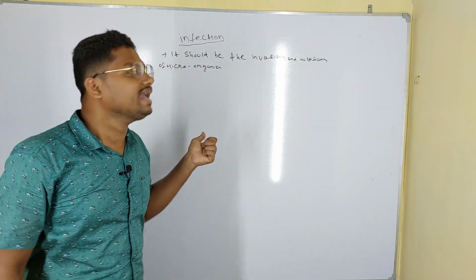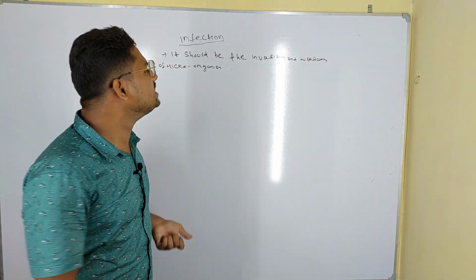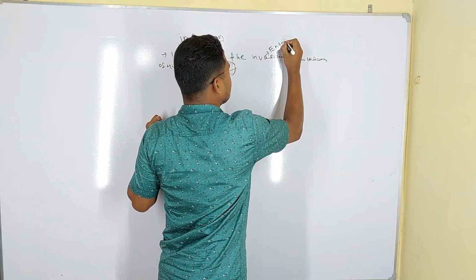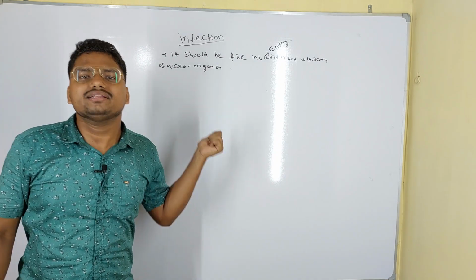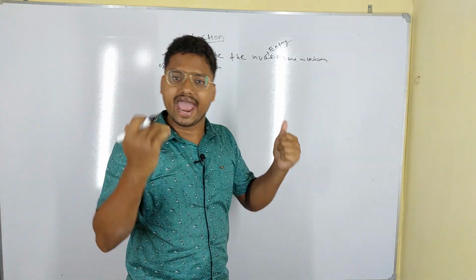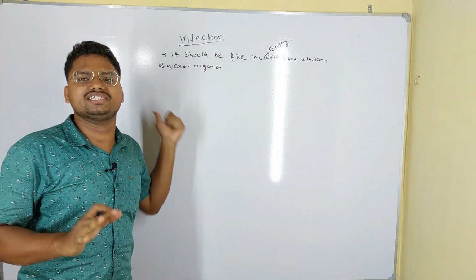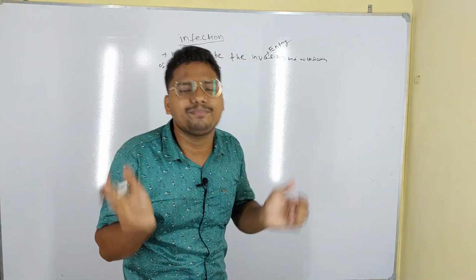Means we can say it is the invasion, means it should be entry of the microorganism. Means when the microorganism enters our body and then it multiplies, that is called the what? That is called the infection.